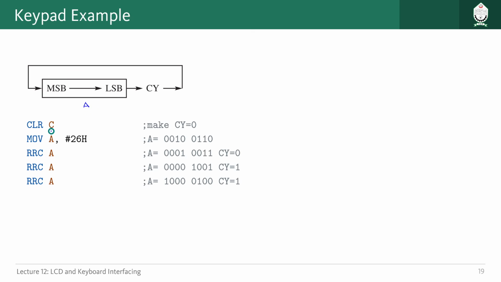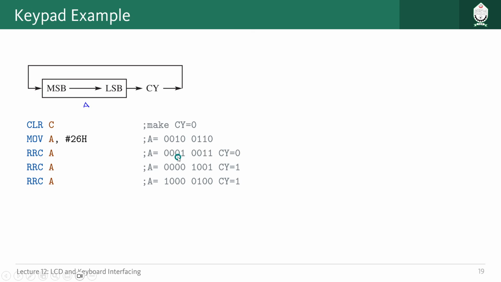Just for understanding, let us look at this example. First of all, we are clearing the carry to make carry equal to 0. Then we are moving 26h onto A. That value is what? 0010, this is 2, and 0110, so this is 6. This is the current value stored inside register A. If we execute rrc once, what will happen?